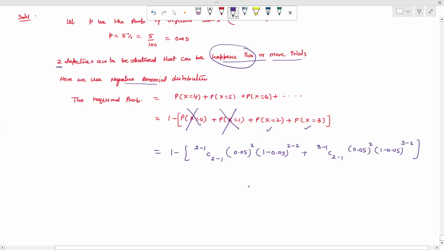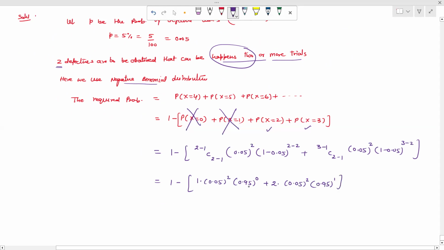So now we simplify this. So when we solve this, this can be written 1 minus, this is 1c1, 1c1 is 1, so 1 into 0.05 raised to the power 2, into 0.95 raised to the power 2 minus 2 means 0, so something raised to the power 0 is 1. और this is 2c1, 2c1 की वैल्यू क्या होती है? 2 होती है, so this can be written 0.05 raised to the power 2, और ये कितना हो जाएगा? 0.95 raised to the power 1.